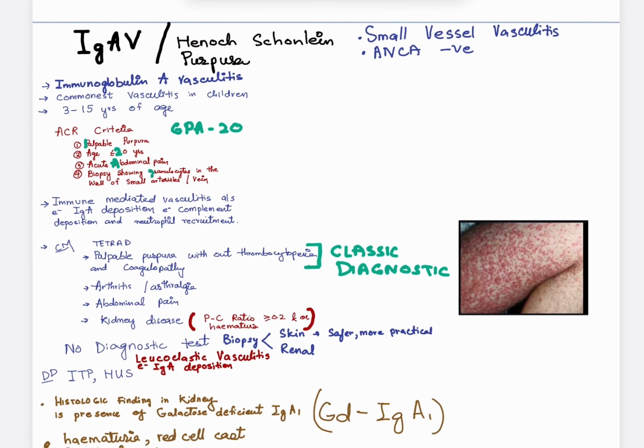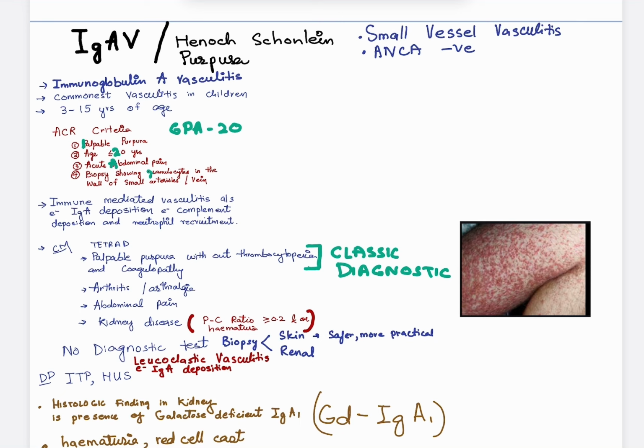ACR criteria for immunoglobulin A or IgAV vasculitis is palpable purpura. That is the classical presentation. Age usually less than 20 years. Acute abdominal pain. Biopsy showing granulocyte in the wall of small arterioles or vein.